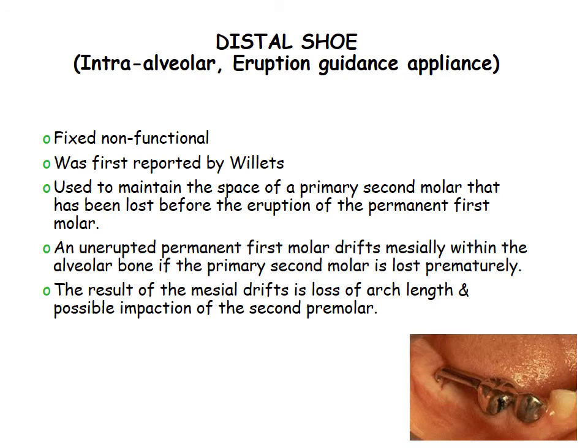An unerupted permanent first molar drifts mesially within the alveolar bone if there is no primary second molar, and this will lead to loss of space if the E is lost prematurely. So this results in mesial drift or loss of arch length, and there might be possible impaction of the permanent second premolar.